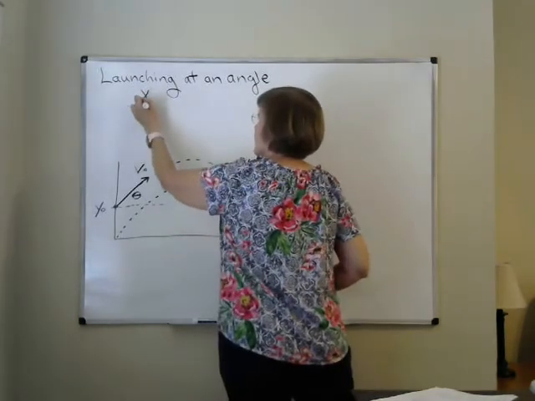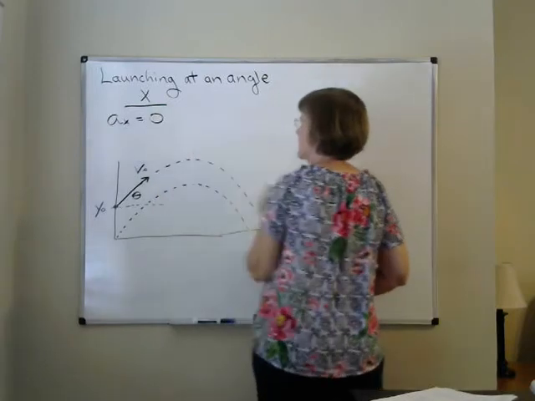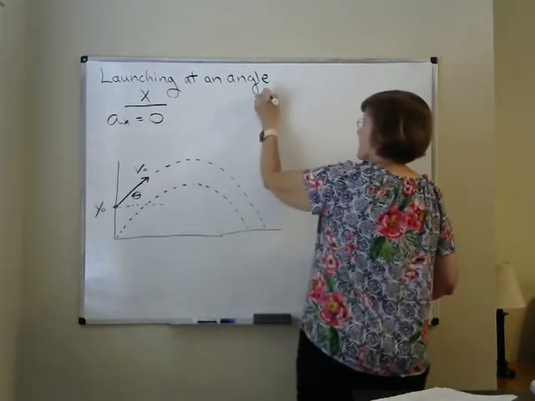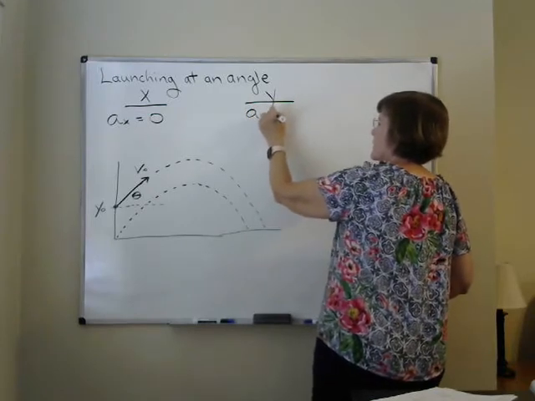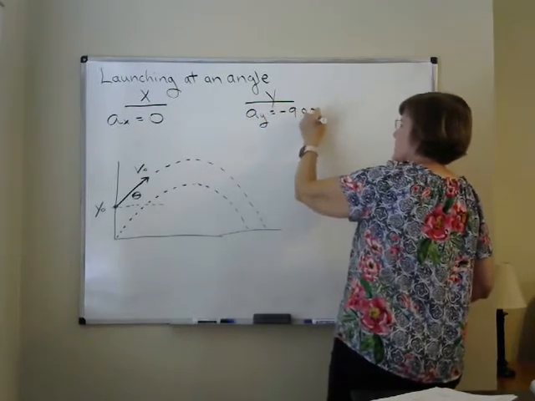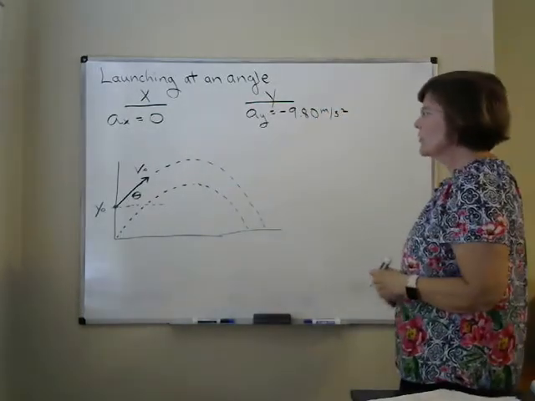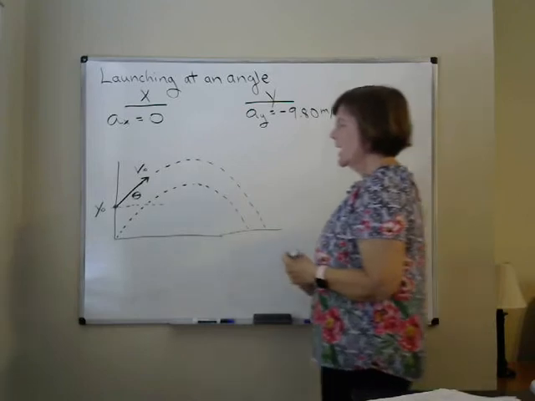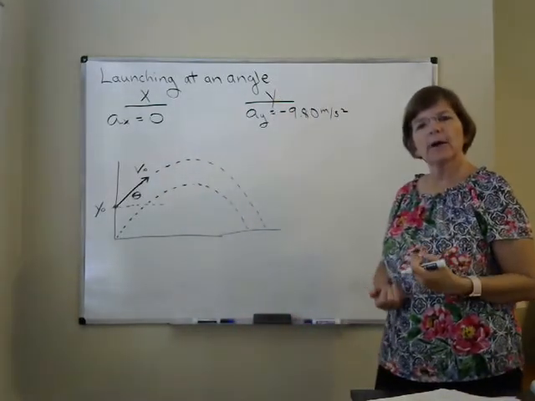If we think in terms of what's going on, the acceleration horizontally is 0. The acceleration vertically is negative 9.8 meters per second squared. But the initial velocity is different. I have to take v0 and get the x and y components.